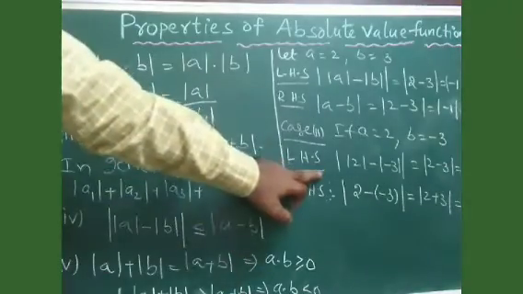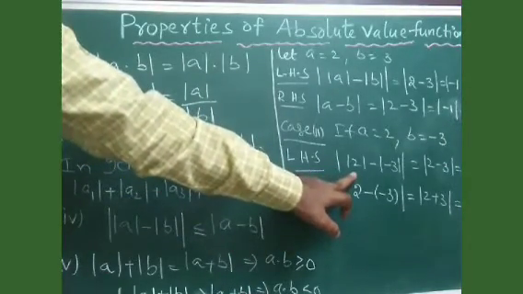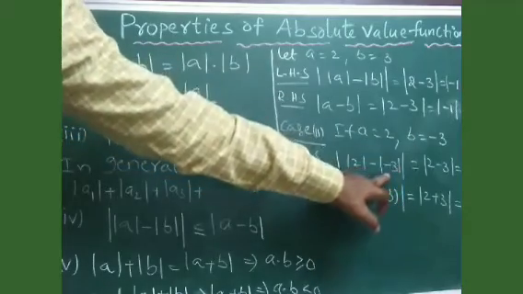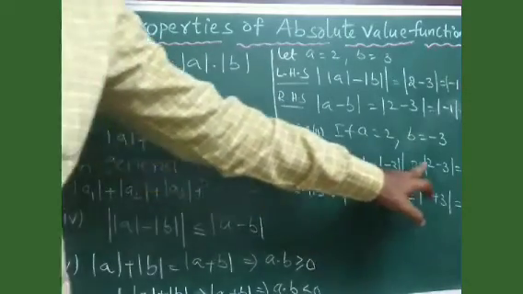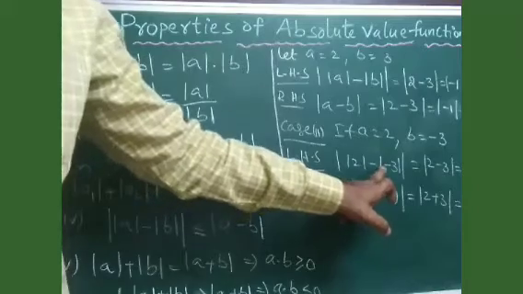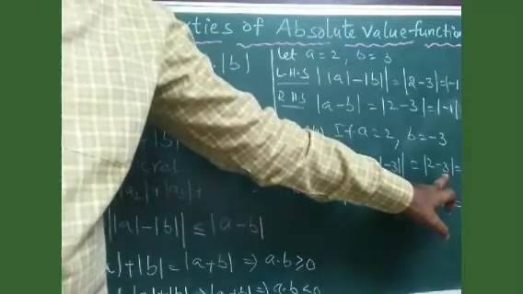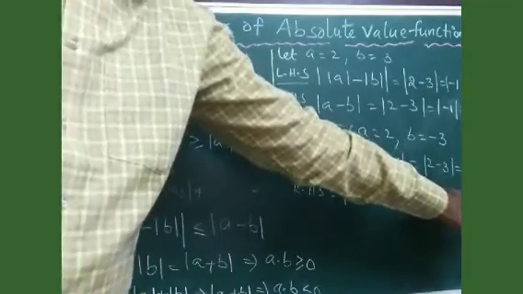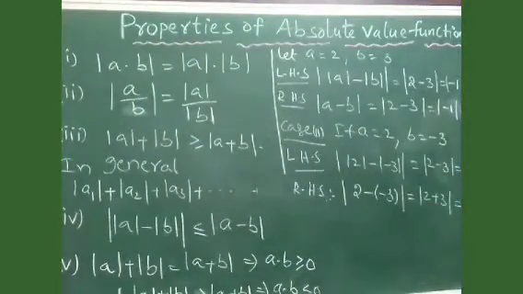Now once again you can check LHS, that is modulus of mod A minus mod B. So its modulus value is 2 minus modulus of minus 3, whose value is 3. Finally this is minus 1. Modulus of minus 1 is equal to 1.